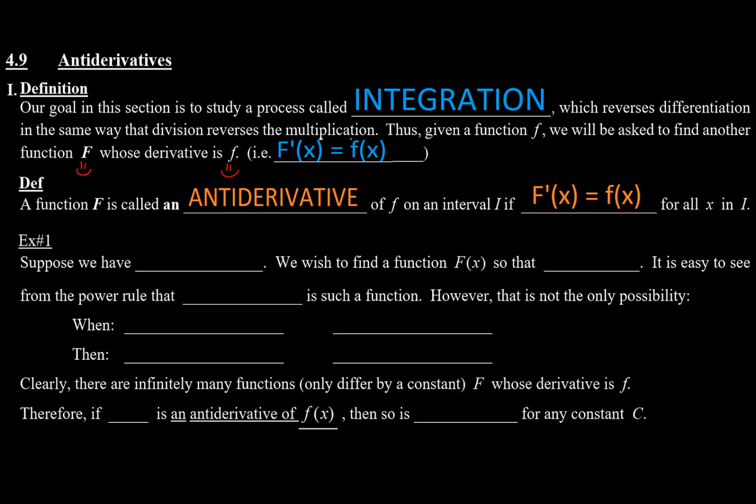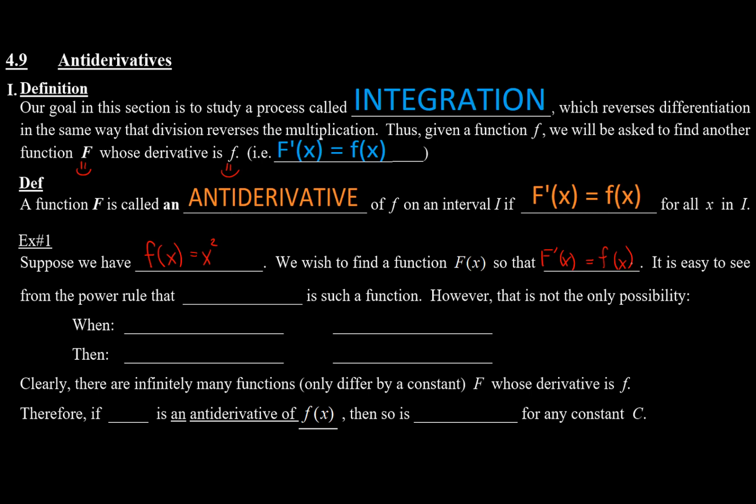Okay, so let's look at an example. Suppose we have the function f of x equals x squared. And we wish to find a function, capital F of x, so that if I take the derivative of that, I get my initial function. So let's think about this. Let's think about the power rule.